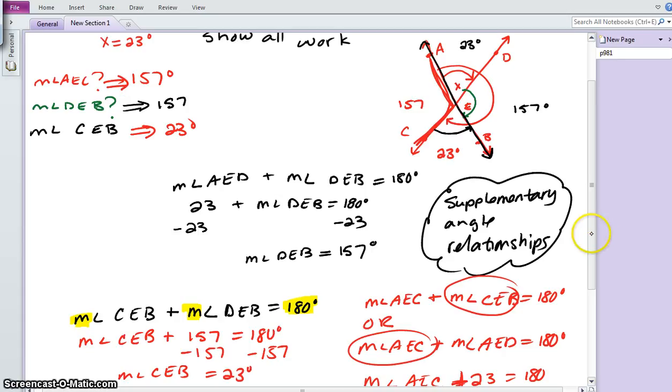So there's an interesting relationship here, and we're going to think about whether this is a reliable relationship. These two angles across from each other have the same measure, and these two angles across from each other have the same measure. How reliable is that relationship?